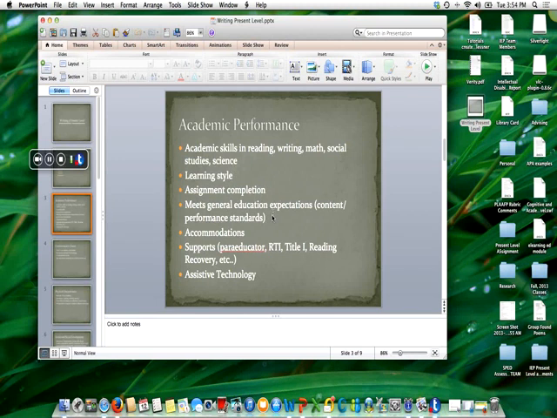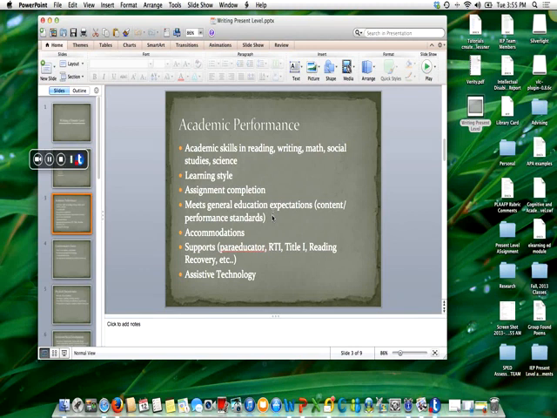We want to say if the child is meeting those general education expectations. So we want to say, for example, in reading, I might say something like, John is reading at a level C. John is a first grader and he's reading at a level C according to the Fountas and Pinnell leveling system. Okay, that's one thing to say. We know what level he's at. We know according to what system we are using.